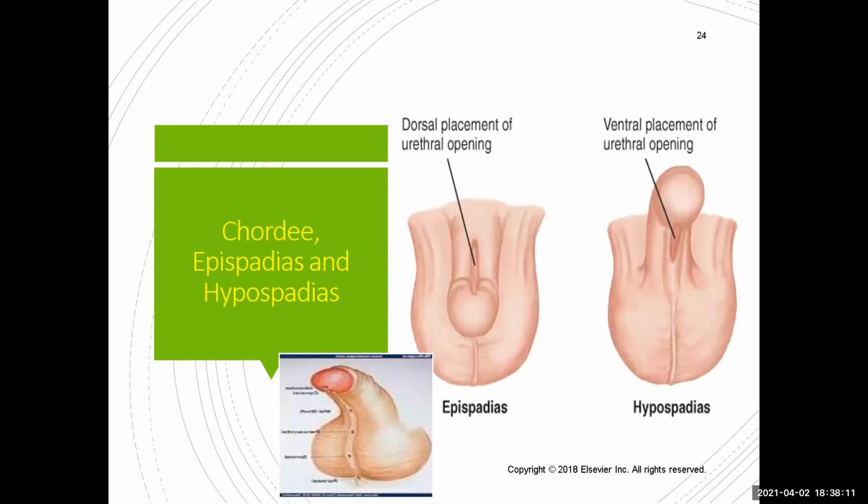And you have chordee. Basically, the chordee is a fibrous band, and it can be very tight, where the tip of the penis is bent all the way forward. Or it could be mild, where it's hard to tell.